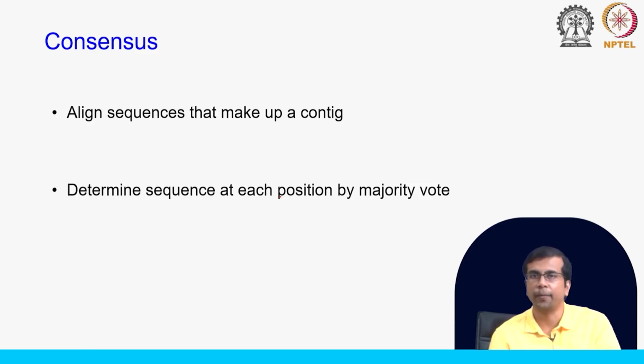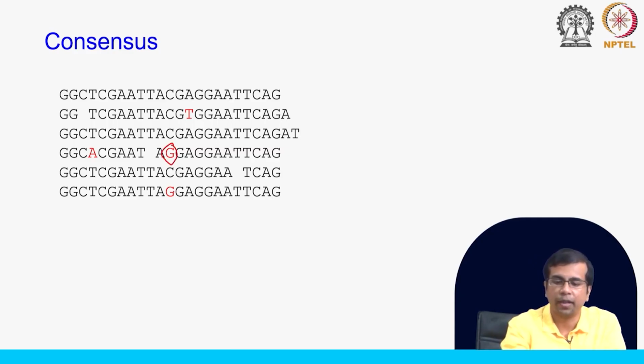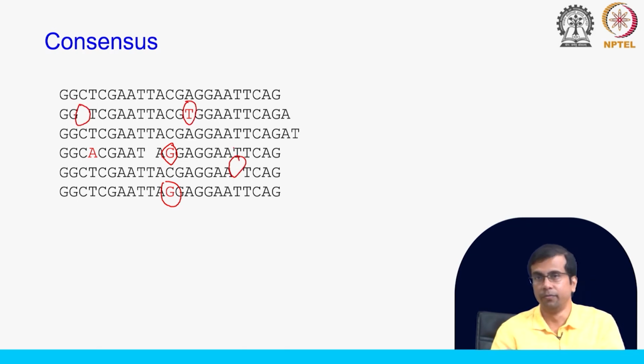So this is what we do. If you think of a specific position, a small position, you have these reads that are aligning, and you can see that some reads are showing some mismatches. So for example, here you have this mismatch here or here, and in some cases you might also have these deletions or insertions. And then what you would have to do is determine what is the majority for each position in this read sequence.